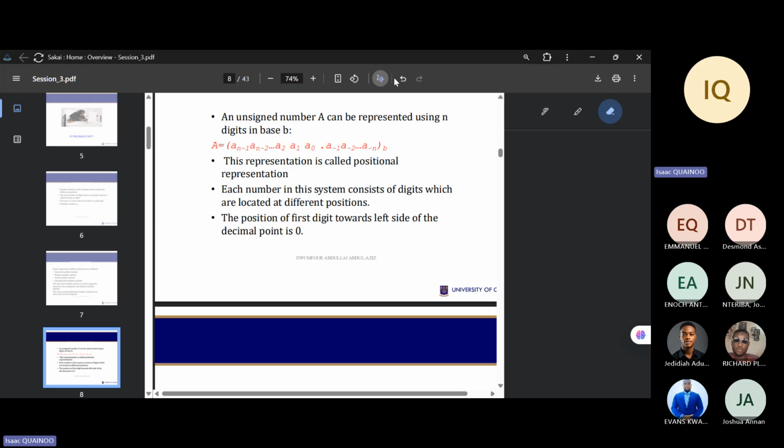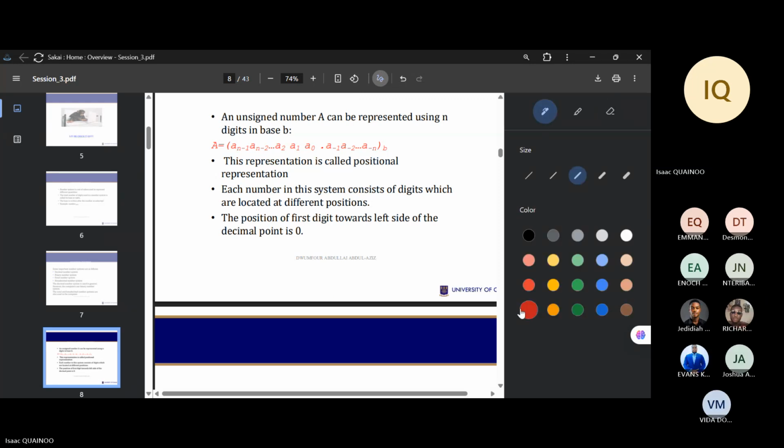For example, if you are given the number 11011 in binary, that is base 2. So the position of the leftmost digit would be what? That would be 0, 1, 2, 3, 4, will be 4, right? So the position of the next number becomes the position of the previous number minus 1, which is 3 here. So that is 4 minus 1, which is 3.